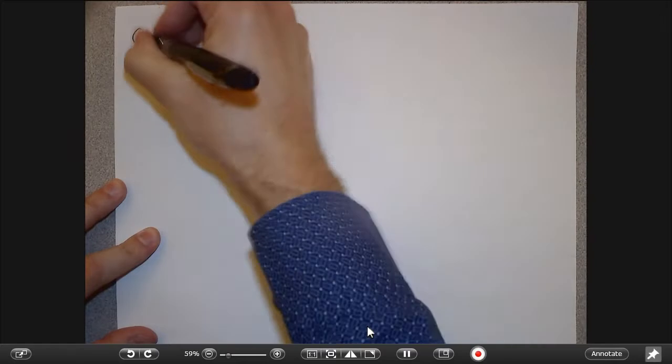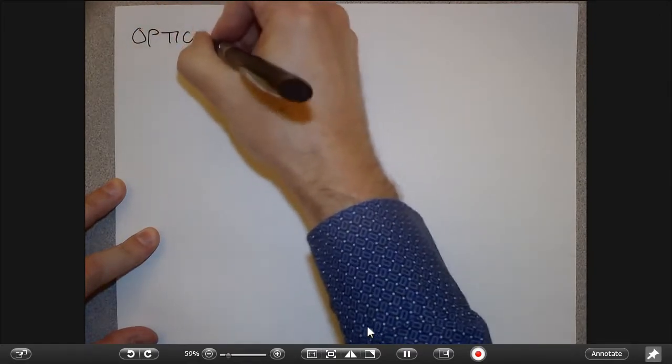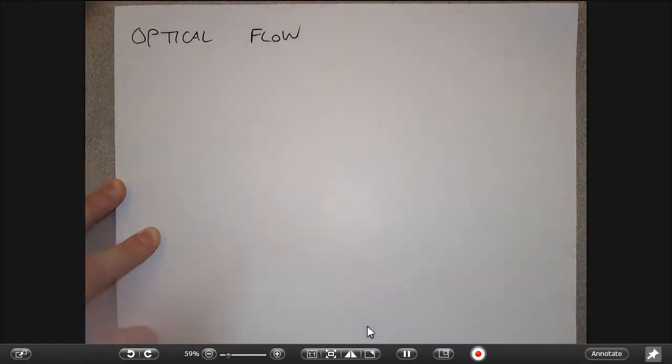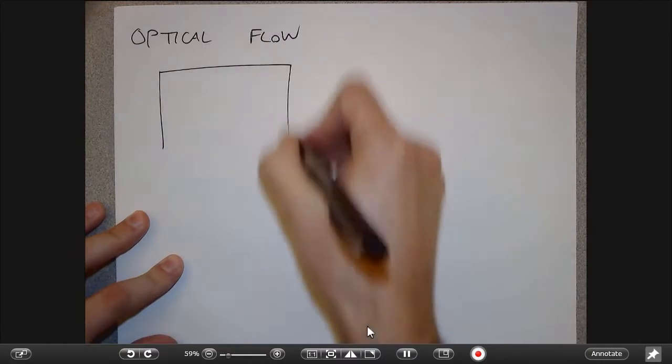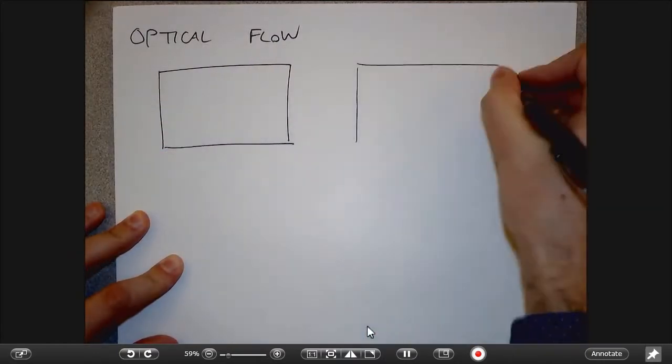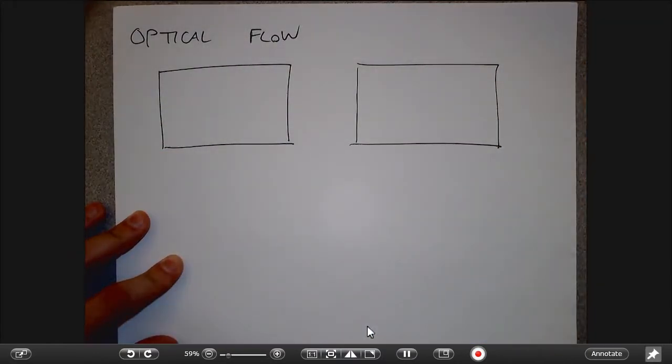But first of all, let's talk about what optical flow means. Remember that the theme of this chapter is what I would call dense correspondence. For every pixel in image 1, we want to know where that pixel goes in image 2.